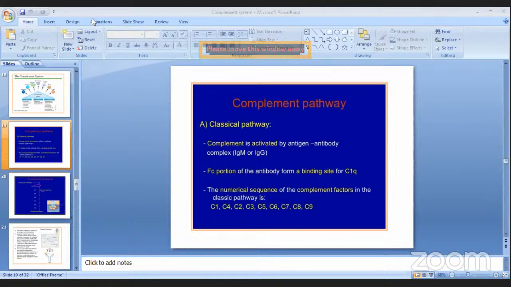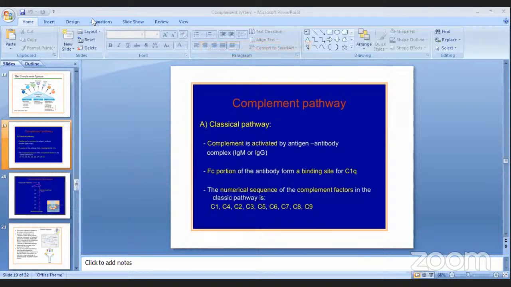Under the classical pathway, complement is activated by the antigen antibody complex. The Fc portion of the antibody forms a binding site for C1q. That means the first protein activated in the complement system is C1q.